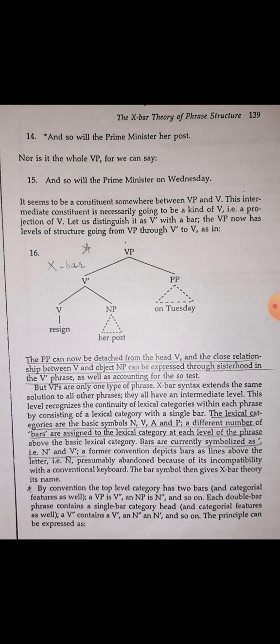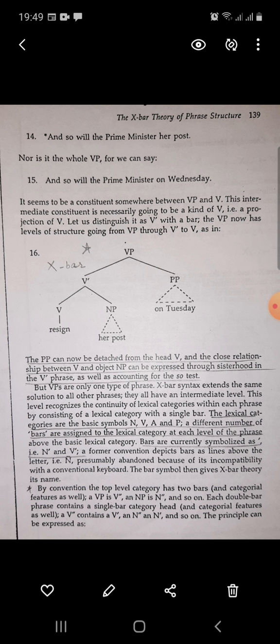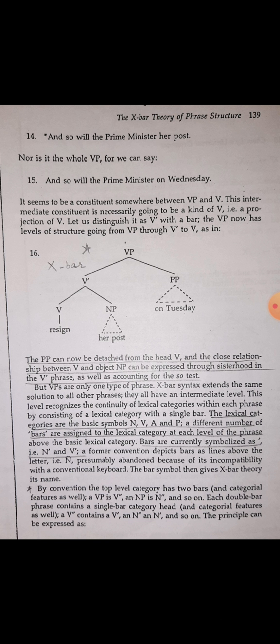The actual intention was to show the sisterhood of the noun phrase and the verb, that they are connected. They are quite connected. Without the noun phrase, the verb won't do to give its meaning. Resign her post, having a sisterhood, and the prepositional phrase on Tuesday has been separated in a different branch. So what does the line say? Let's read.